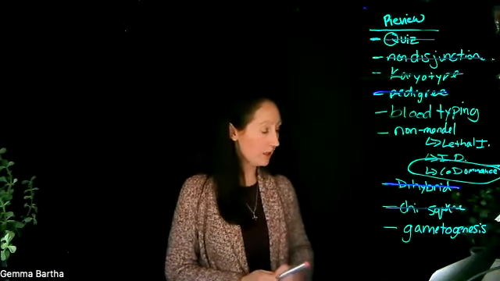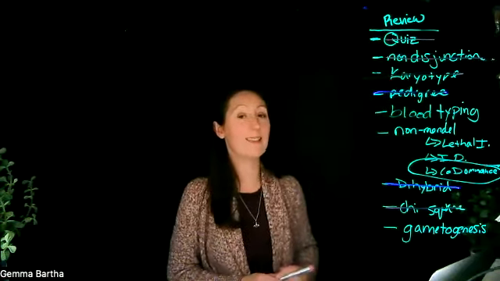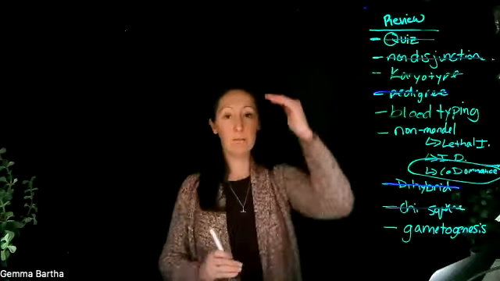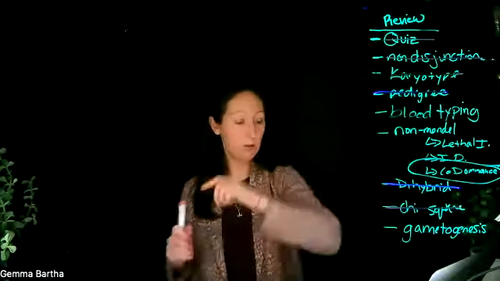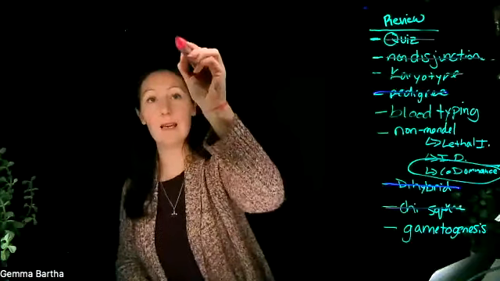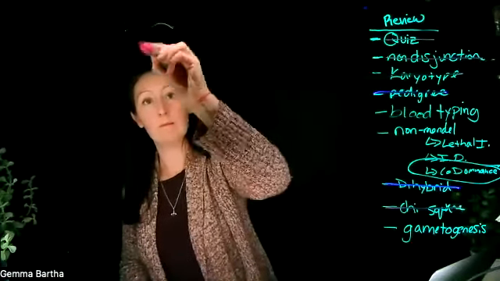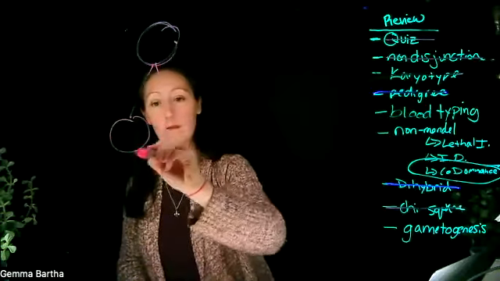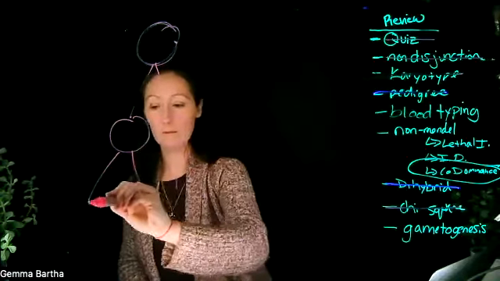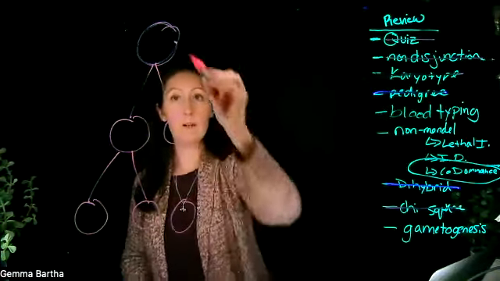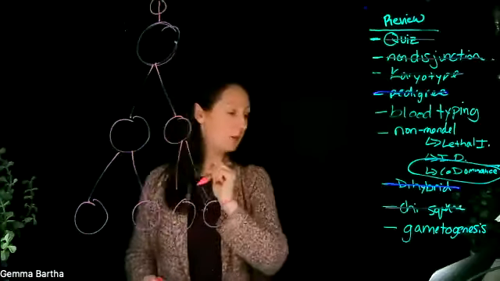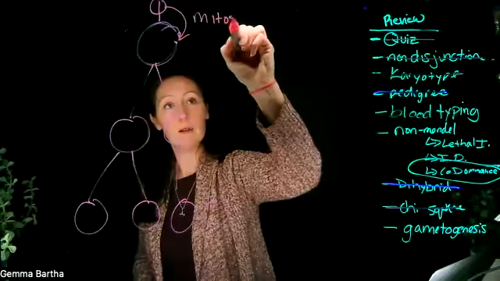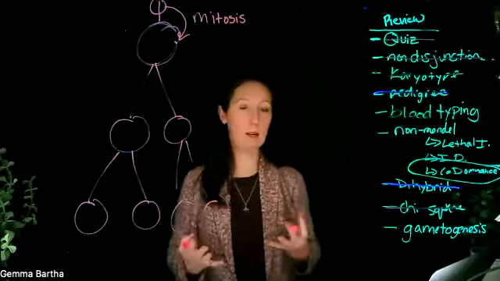Yes, for gametogenesis, spermatogenesis and oogenesis, you will need to know what is happening. You're going to go from a spermatogonium. So if we were to draw the same thing over here, going from here to here, you have mitosis. We're going to talk about spermatogenesis real quick.